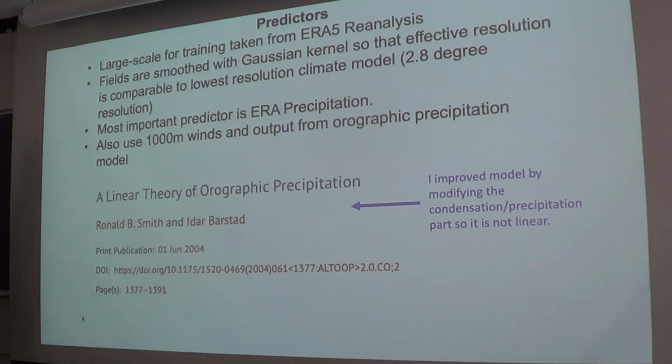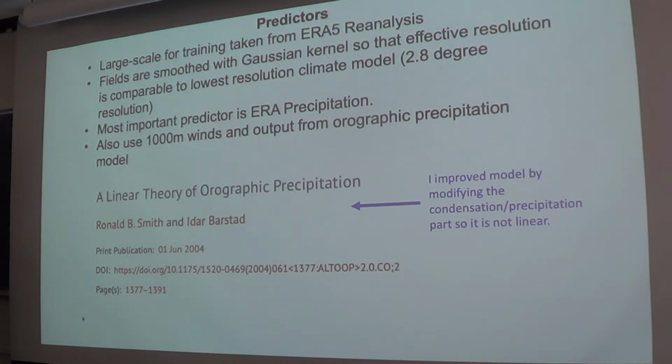So for predictors, we're going to use the ERA5 reanalysis. ERA5 is quite good and high resolution. It's not actually much like a climate model in some ways. So what we do is smooth it so that it's like the coarsest climate model, just with a Gaussian kernel, smoothing all the data beforehand.